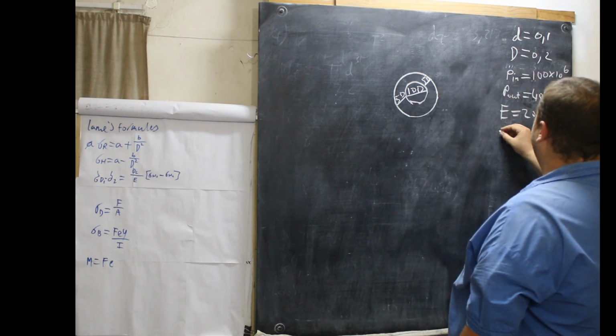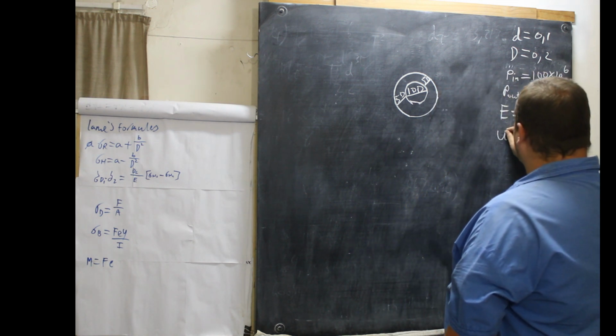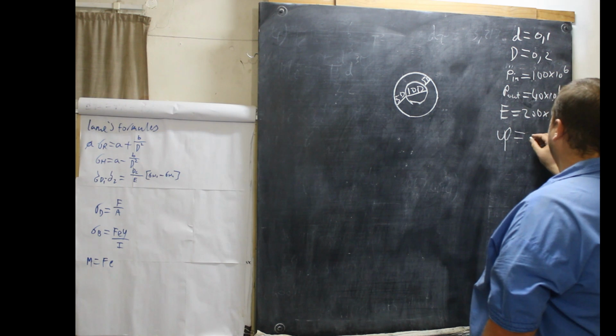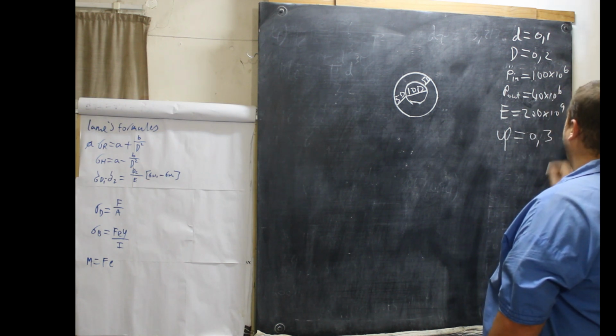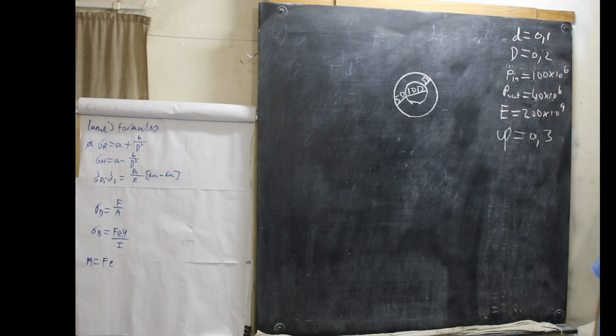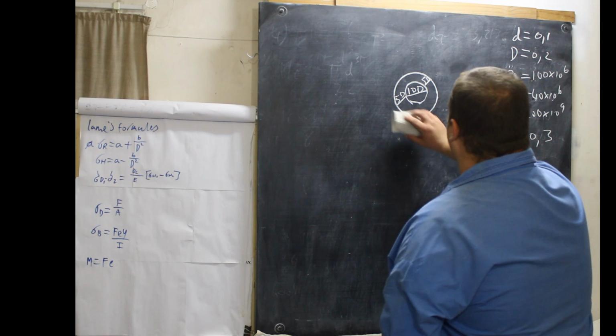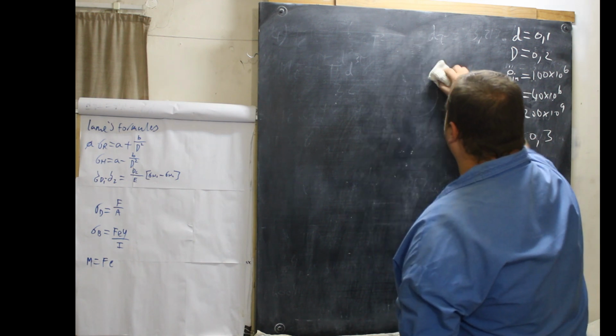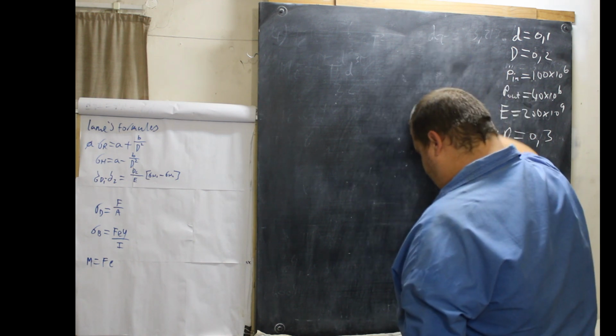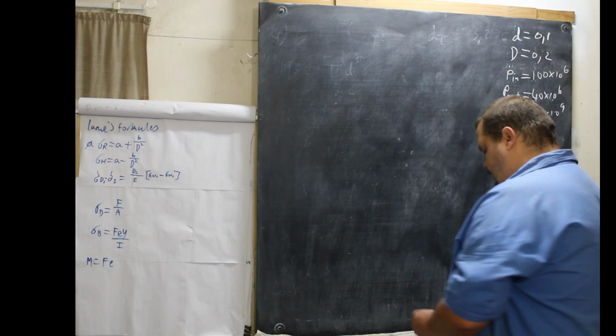And Poisson's ratio is 0,3. So, first things first. Now we need to know what questions they're going to ask.